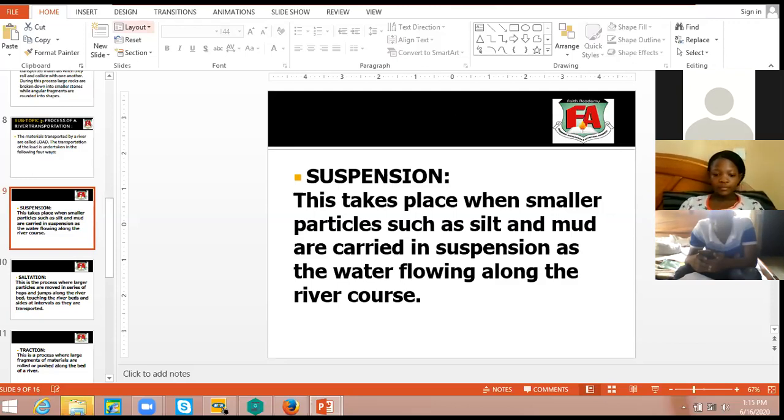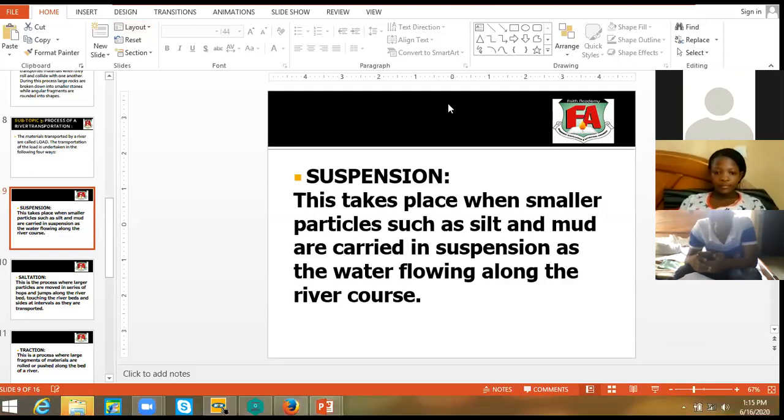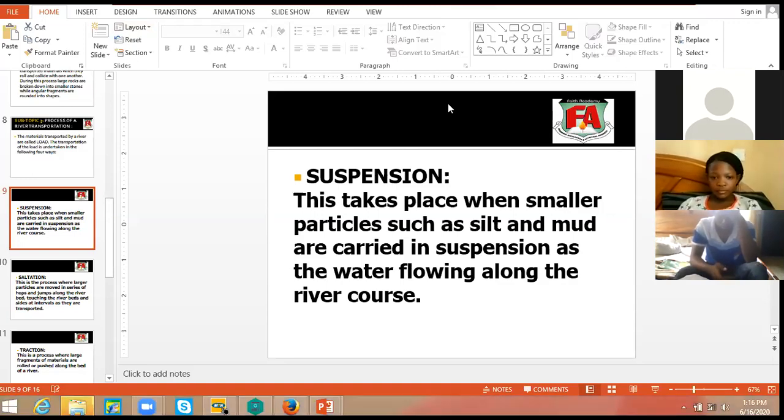Those materials that are finally deposited at the lower course develop features such as delta, either the extrusion delta, the mud flow, and the rest of them. These are carried in suspension because the force or the energy with which the water flows from the upper to the middle course is reduced.